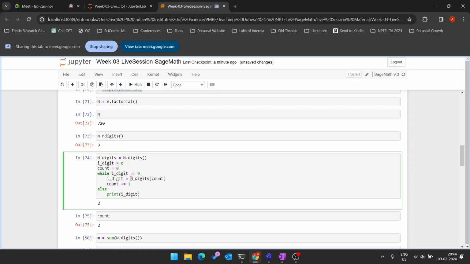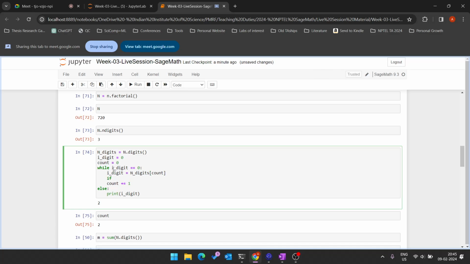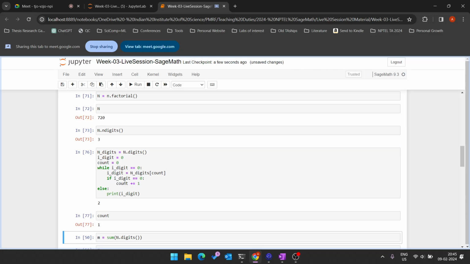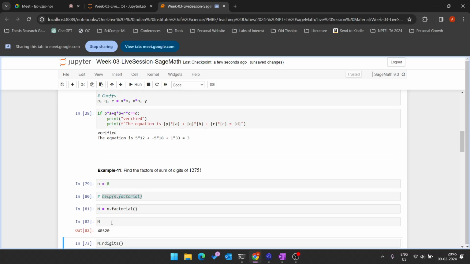I think it is, okay, so the count is stopping. Suppose I change this to 8 factorial, which is 40320.